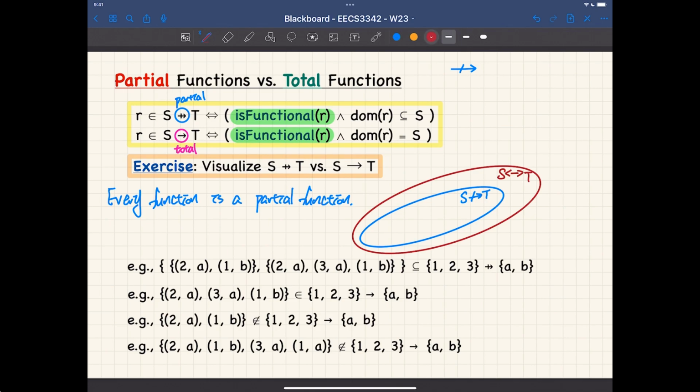All right, what about total function? Out of those partial functions there will be some where their domain happens to be exactly equal to the left set S over here. They will be called total functions. Proper subset over here. S total function T. All right, what can be tricky in your written test and exam, right? Of course, I might just give you some relations.